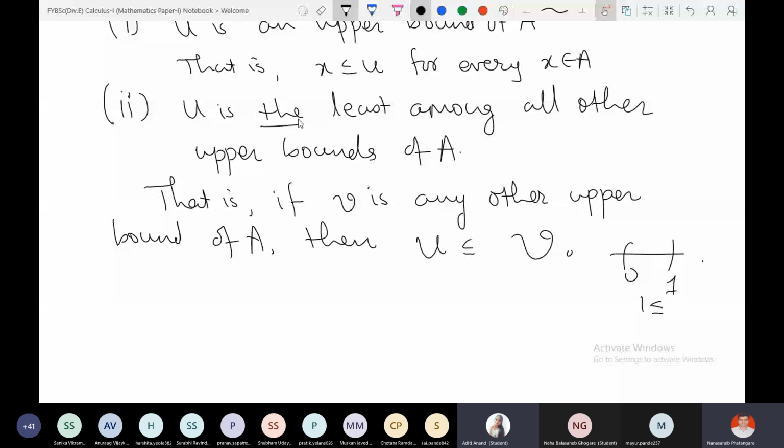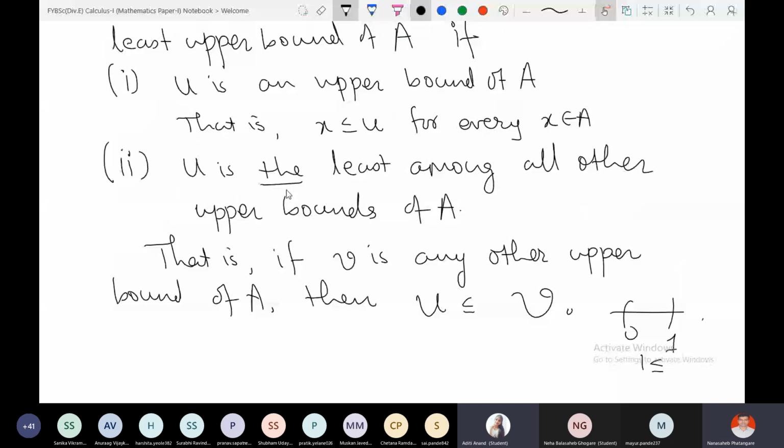Yes sir, if the maximum element is not included in the set, like we took the set 0 < x < 1, then we can't use it here, in the second point. Oh, I am not saying that U is a member of the set.